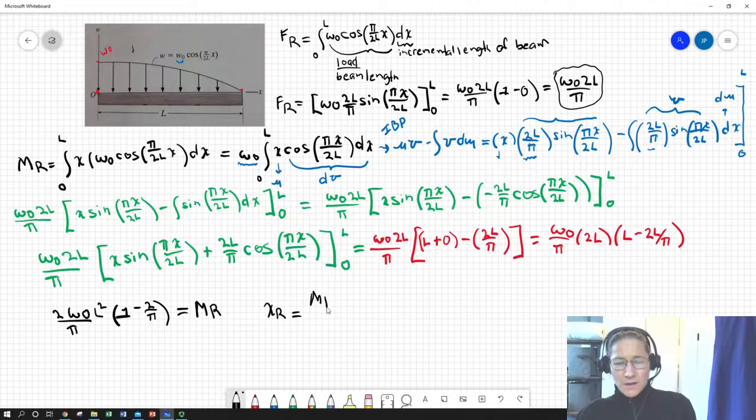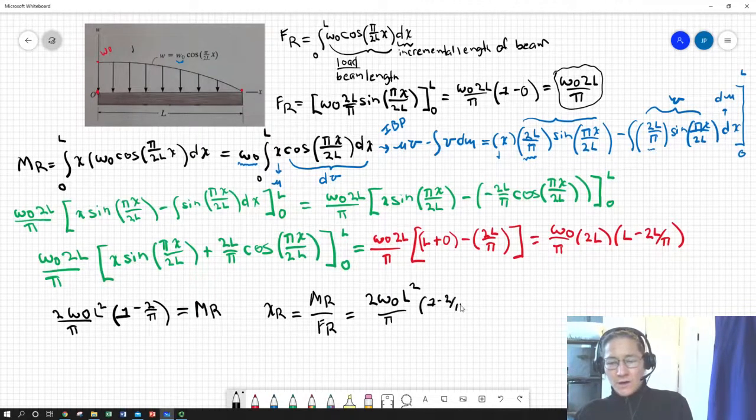It should be M sub r over F sub r, which is going to be this big moment term, 2 w0 L squared over pi times 1 minus 2 over pi, all divided by w0 times 2L over pi. So we can start canceling things. We can cancel some pi's, we can cancel the 2, and we can cancel an L.